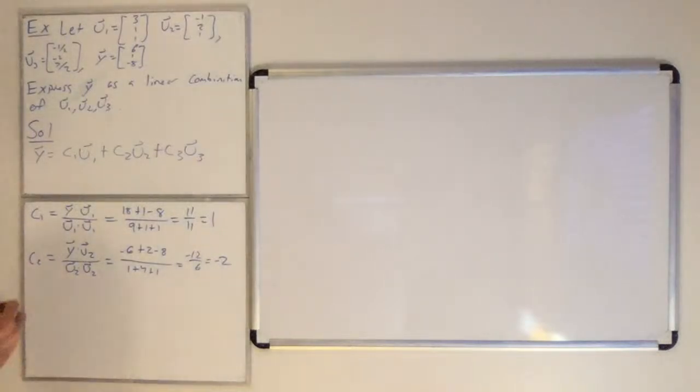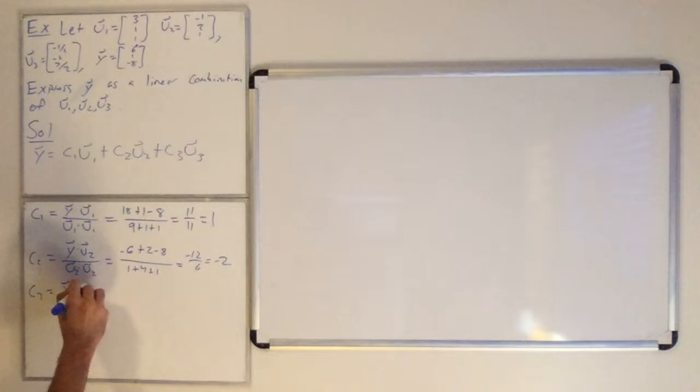And then last, c3 is equal to y dot u3 over u3 dotted with u3.